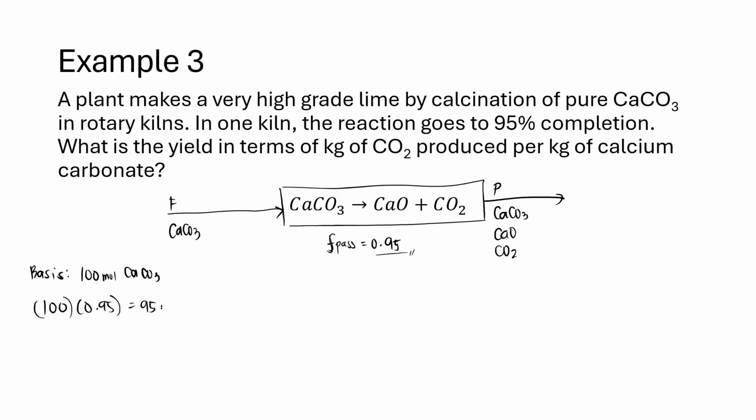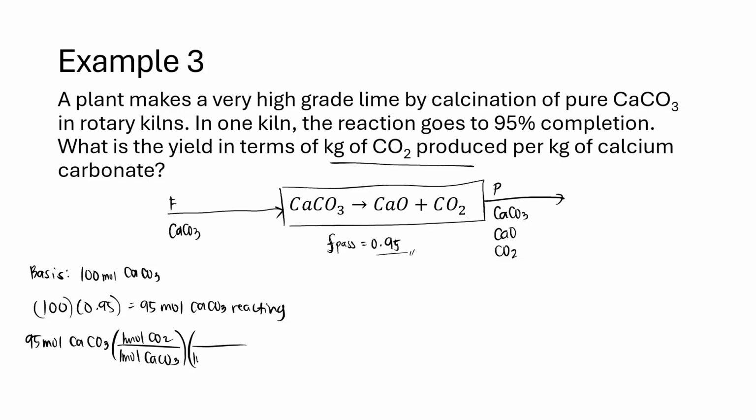So that's 95 moles CaCO3 reacting. So, since ang needed is kilogram of CO2 produced, let's do that. 95 moles CaCO3 multiplied to 1 mole ng CaCO3, that's 1 mole of CO2. And then 1 mole of CO2, that's 44 grams.